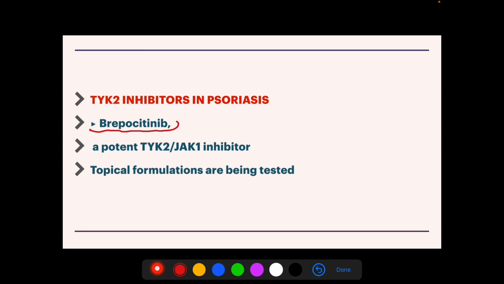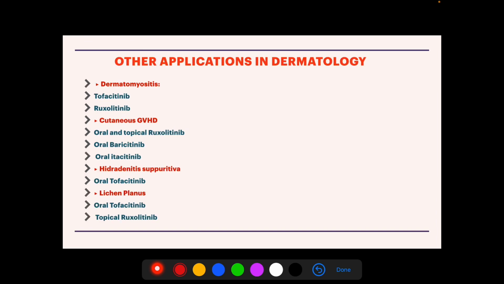Next is Brepocitinib, a potent tyrosine kinase inhibitor and JAK1 inhibitor. Topical formulations are being tested.